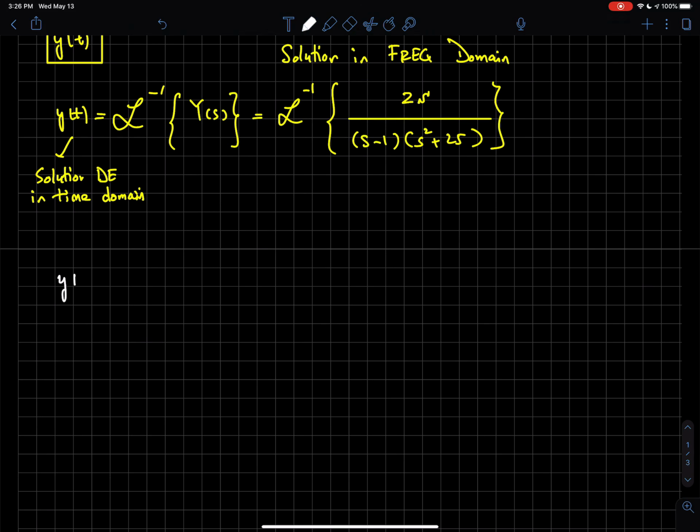So I have y of t, which is my solution in time domain, is the Laplace inverse of this expression.